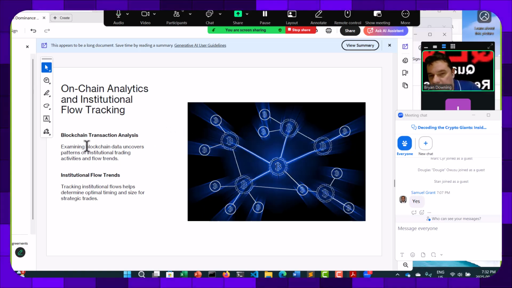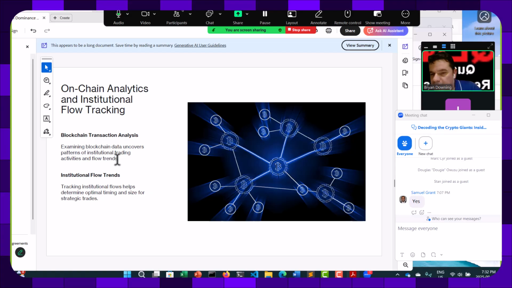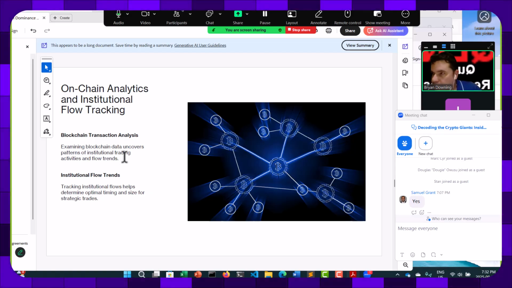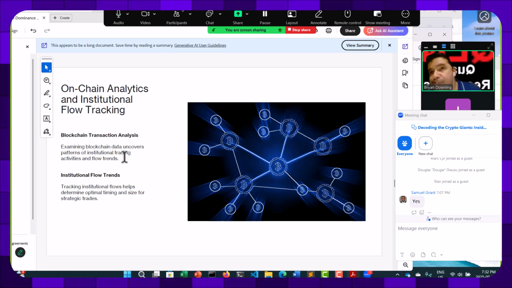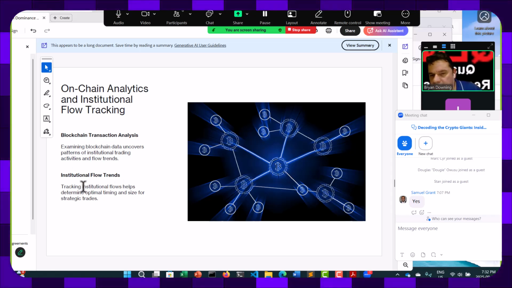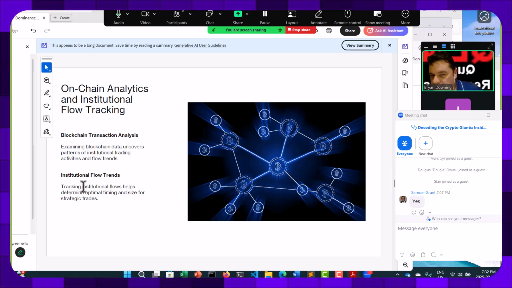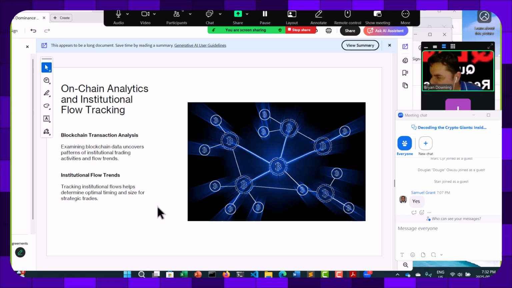So what they're doing is examining the blockchain. They're uncovering all kinds of stuff that most likely the institutions are involved with. They're trying to analyze that flow trend as well. Anyways, another thing that they look for is the institutional flow trade, and then they're able to help time the trades as well.